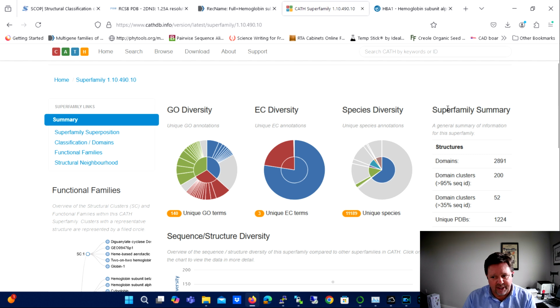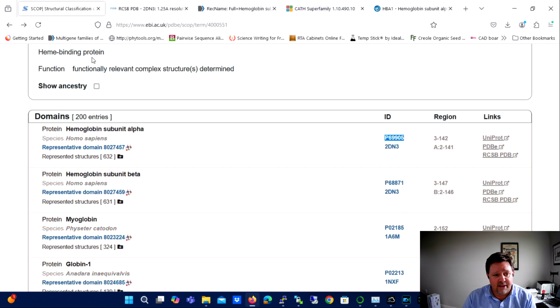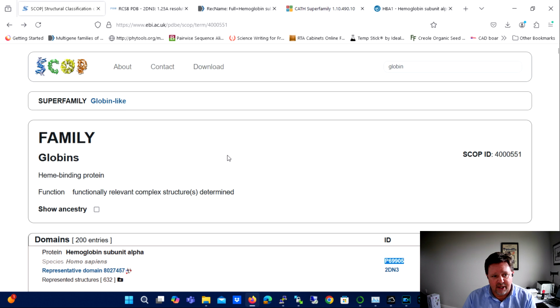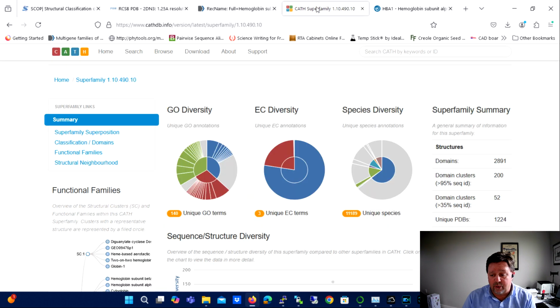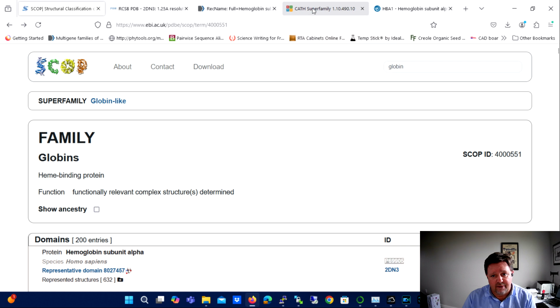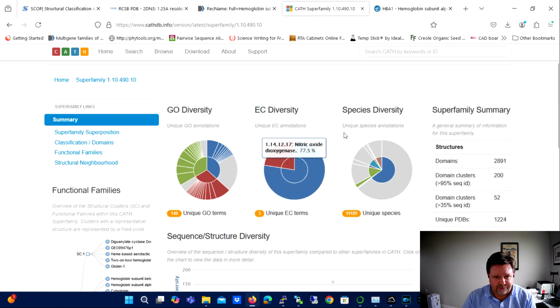So the superfamily in CATH is the most focused classification in CATH, and the family in SCOPe is the most focused classification in SCOPe. So essentially, they are, especially with the globins, equivalent of each other. So that's a little bit confusing. The SCOPe family is equivalent of the CATH superfamily.